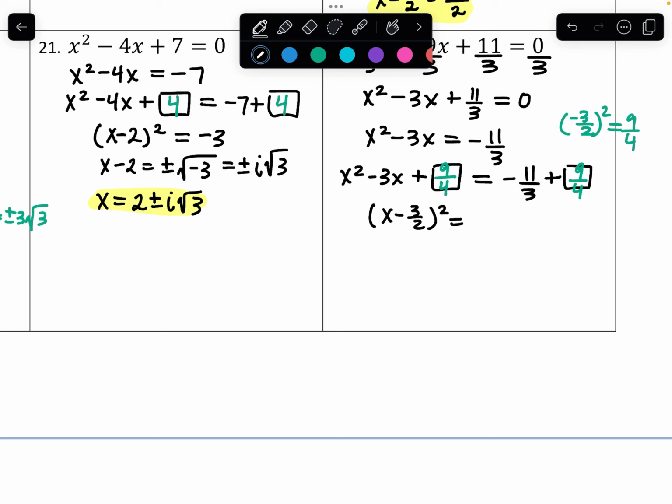And we need a common denominator for the right side. So if we multiply that by 4, and this by 3, we'll have -44/12 plus 27/12.